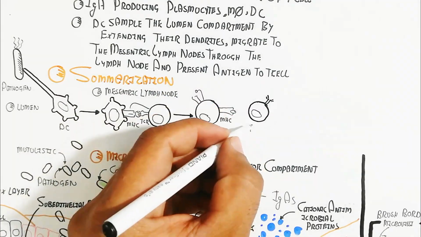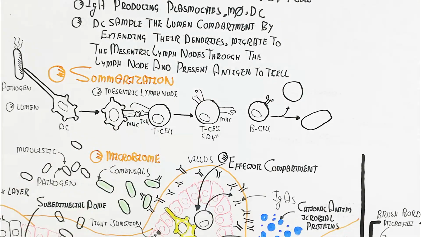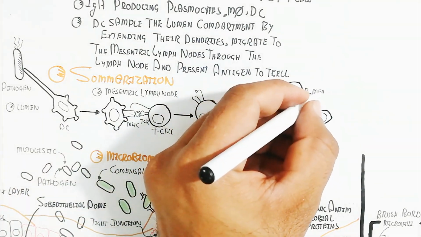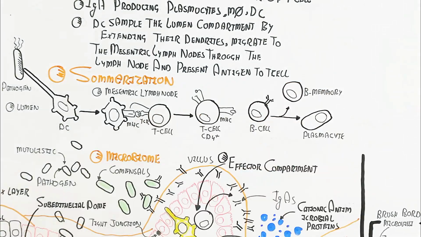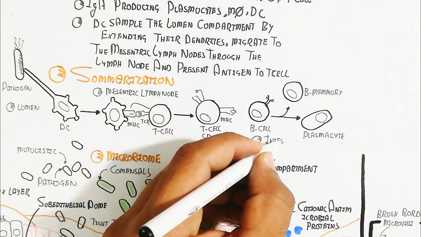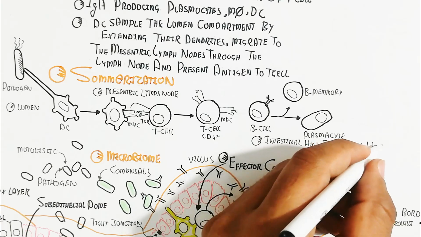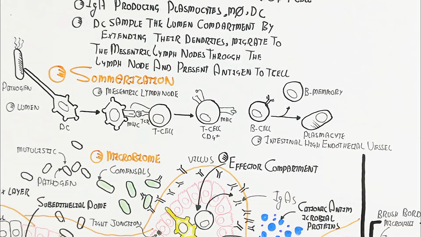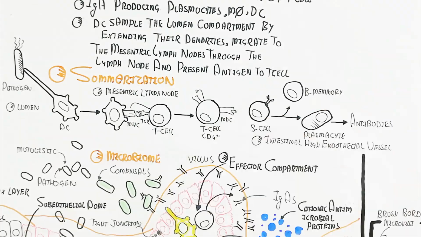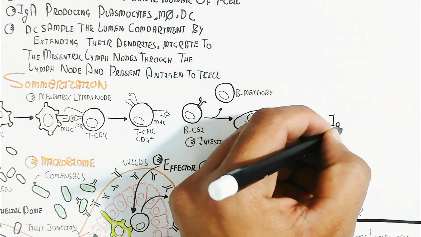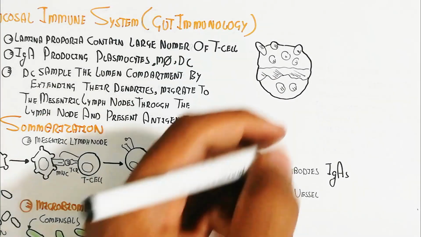Through the T cell, after the proliferation of the naive T cell to produce CD4, it will lead to naive B cell activation to produce plasmocytes and B memory cells, which will produce a lot of antibodies. The B memory cell is used for a quick response when the pathogen arrives again, and immunoglobulin is already present in the mucous membrane after one activation shot.